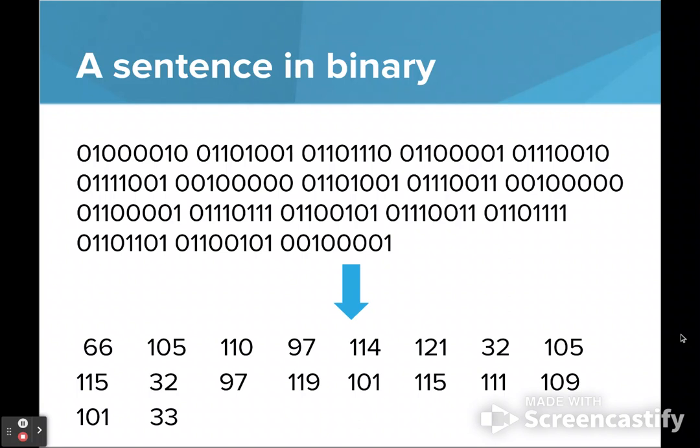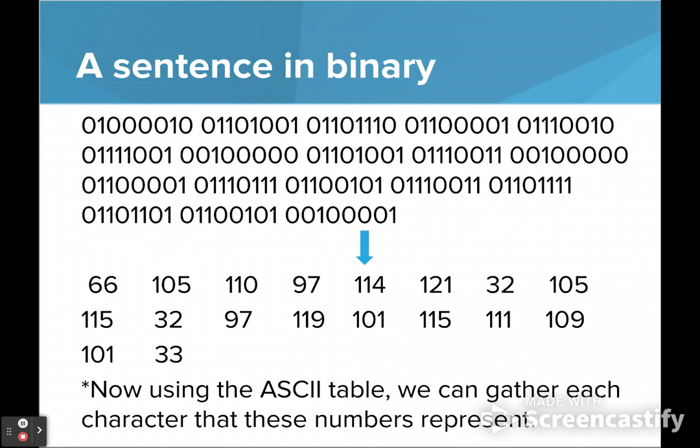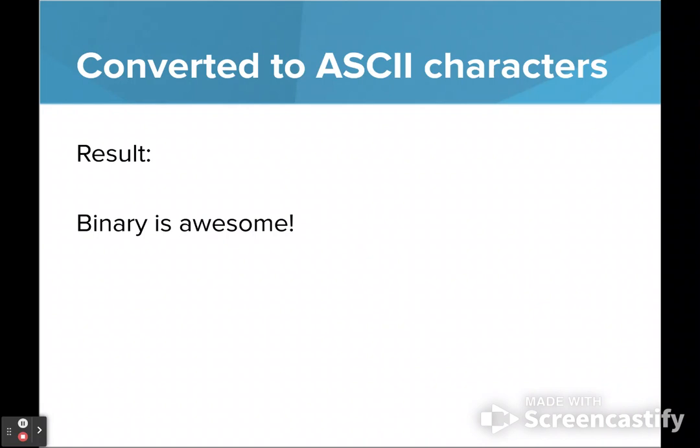Each one of them, you can then go to your ASCII table and figure out what each one of these numbers represents as a character, and therefore translate what that message means. In this case, the result is binary is awesome.